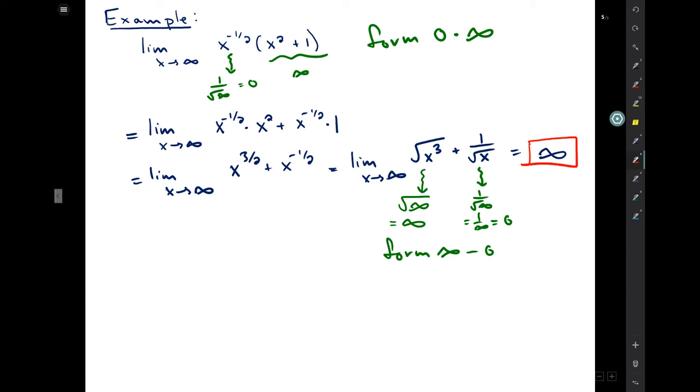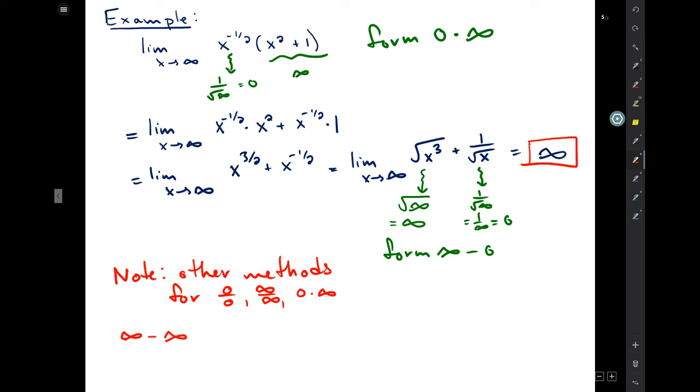One thing to note is later I'll be discussing some other methods. There are some other really nice standard methods for 0 over 0, infinity over infinity, and also 0 times infinity. There are better ways of dealing with these, sometimes. These are nice methods. But really, for infinity minus infinity, your best method is to factor.